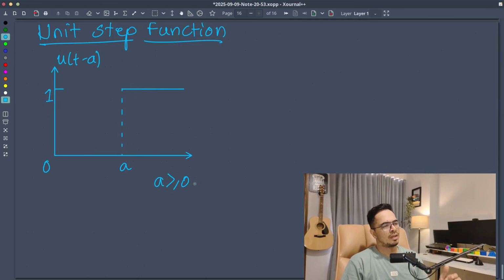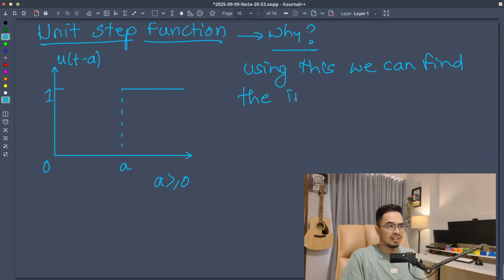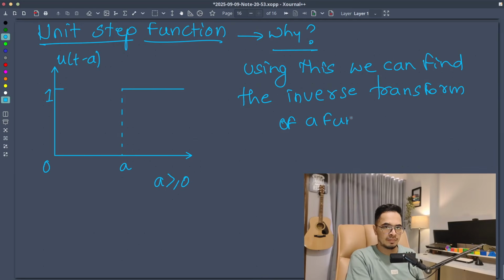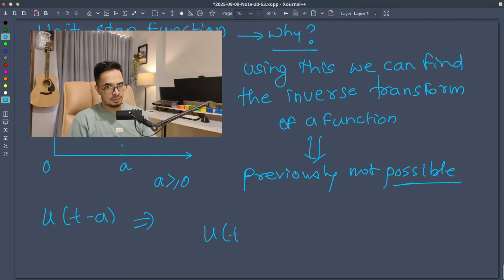Now, this function, as you must have seen in the animation that I had shown in the previous video, may start at the origin, may start a little later, or may start earlier, in the sense before 0 or after 0. So that means we are shifting the function. And not to mention that we can use this for the inverse transform part as well, which previously we had not yet thought about, or which was not possible.